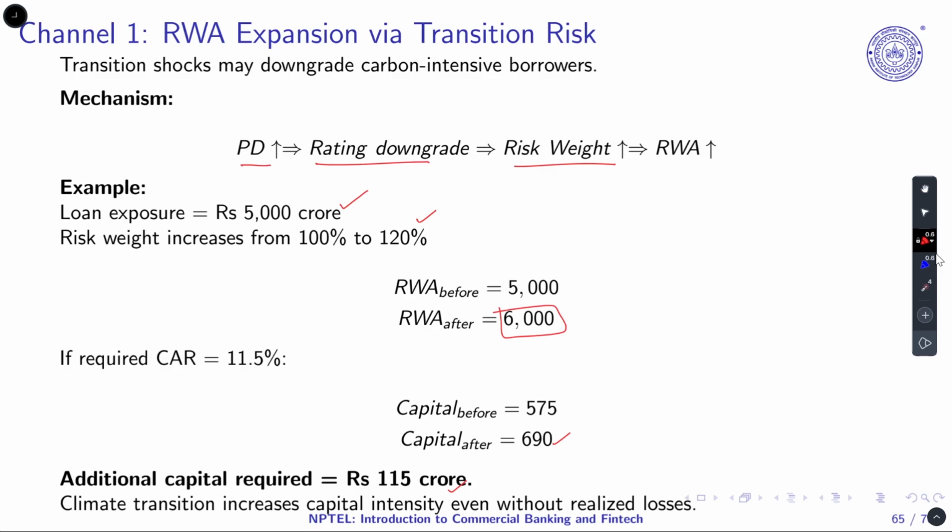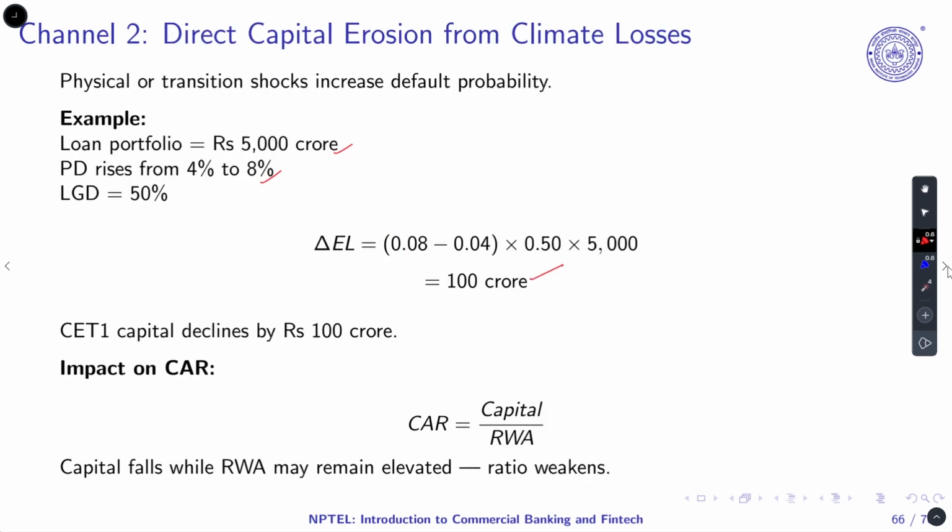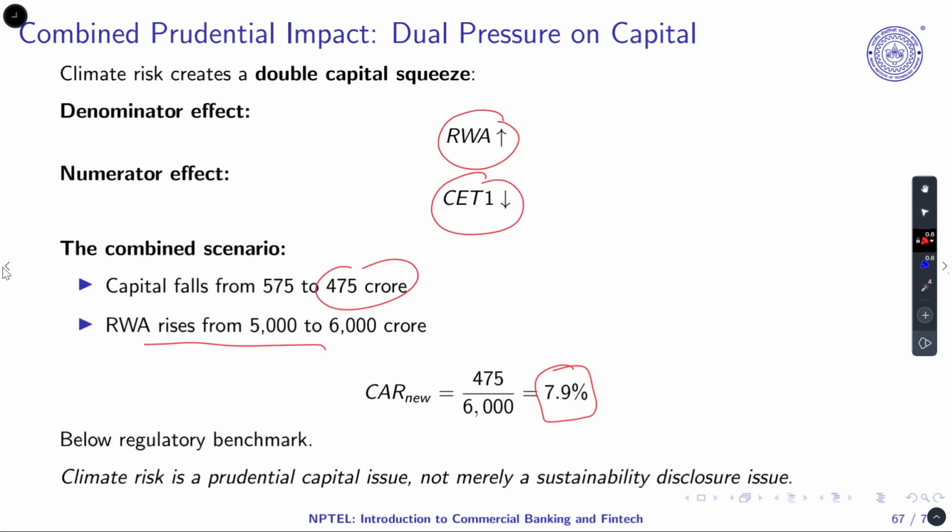Here we are saying that the additional capital required is coming out to be around 115 crore, and this additional capital is because of this increase in exposure that we are seeing. And overall the summary could be that in terms of the capital adequacy norms, when we are calculating the total capital, we are seeing the churning in the total capital of 100 crore, and this will further deteriorate the CAR, which is coming out to be 7.9%.